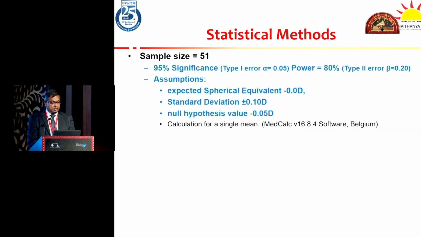Refraction by experienced optometrists is accurate to within 1/8 of a diopter, and swept-source biometry is the gold standard for measurement. We had 51 patients, calculated according to this sample size formula.